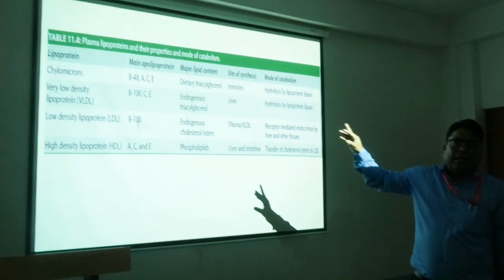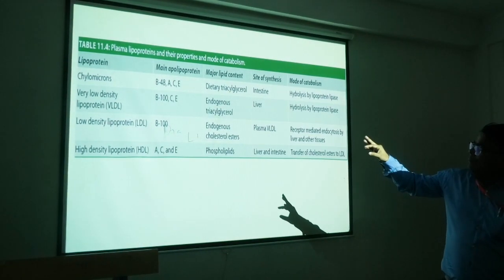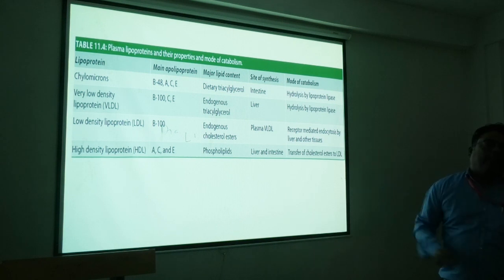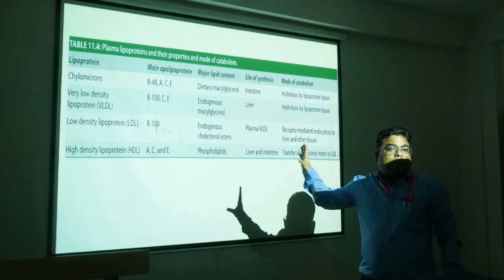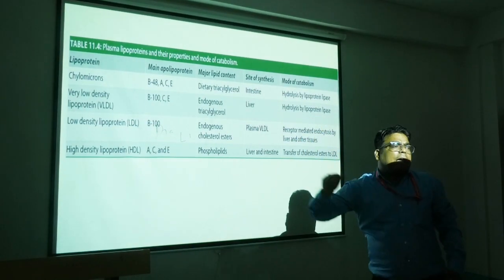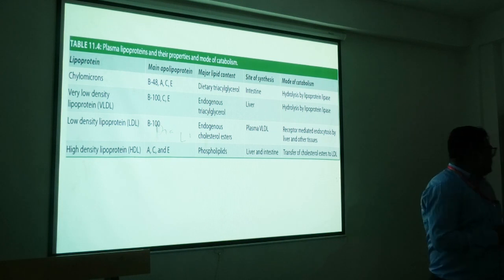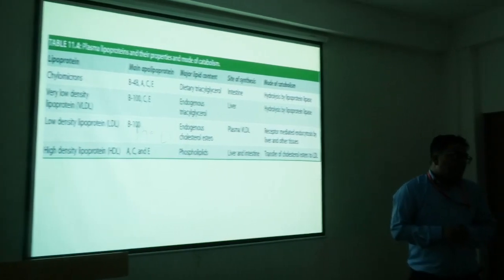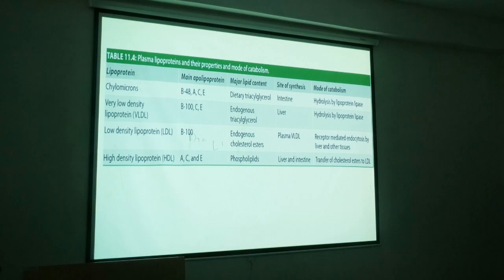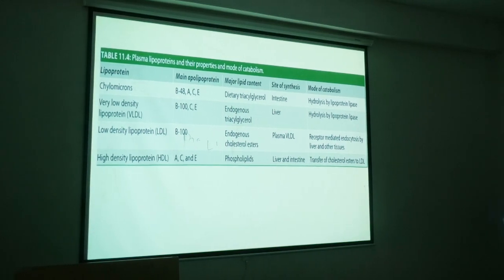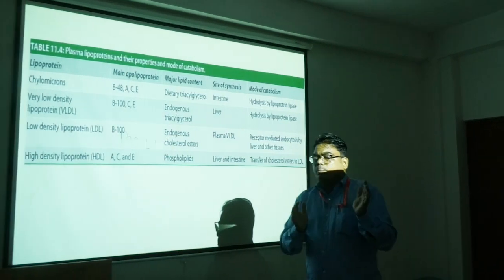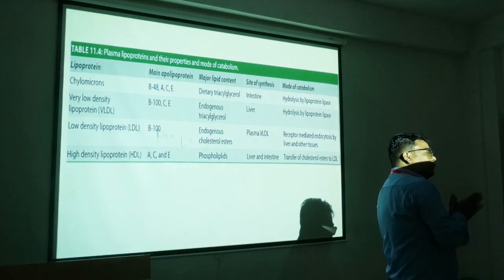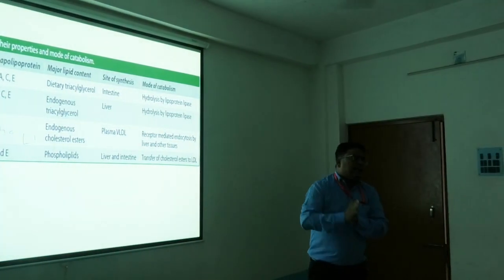ApoB48, ApoA, ApoC, and ApoE, and ApoB100. These are the classes of protein attached to different lipoprotein molecules. So this is the main discussion. These special proteins are attached to the peripheral layer of the lipoprotein molecule, and on the basis of them we differentiate the lipoproteins.